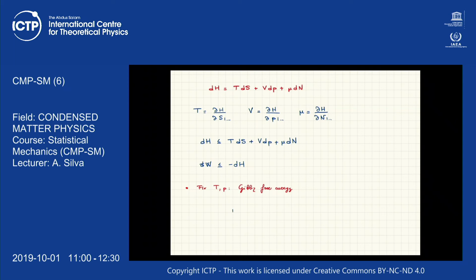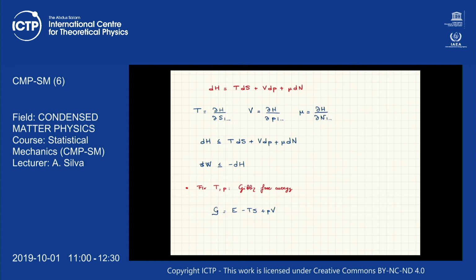I take the energy and what do I add and subtract? I want to fix temperature, so minus TS, and then pressure, plus PV. Great. So this is Gibbs.